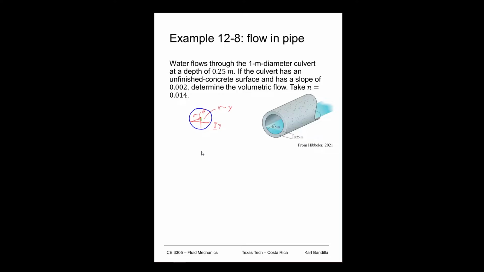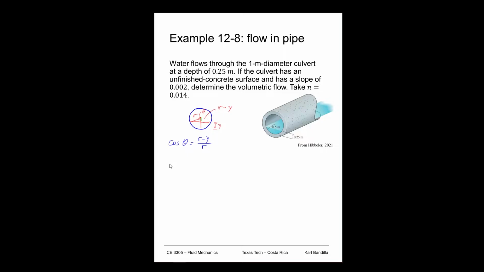So how do we get that angle? Well, we'll have a nice triangle here. We don't know what this part of the triangle is, but we know the hypotenuse and the adjacent leg. So we can say the cosine of theta is going to be r minus y, that little piece I colored in green, divided by the hypotenuse, which is r.